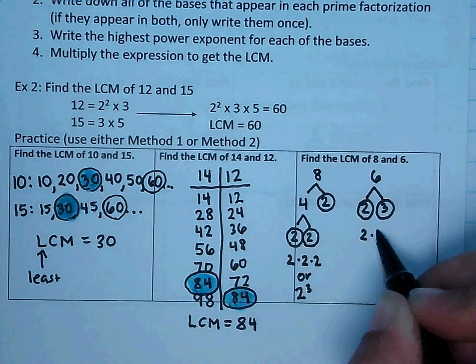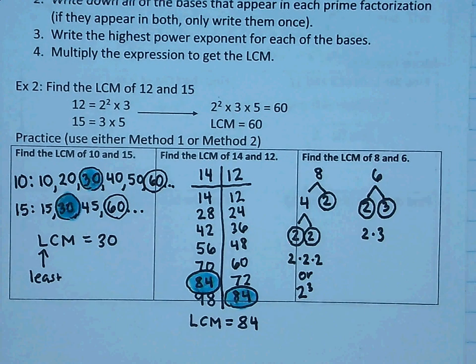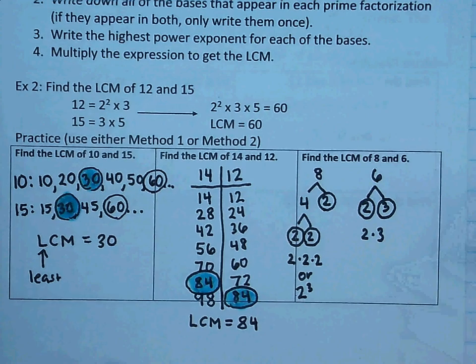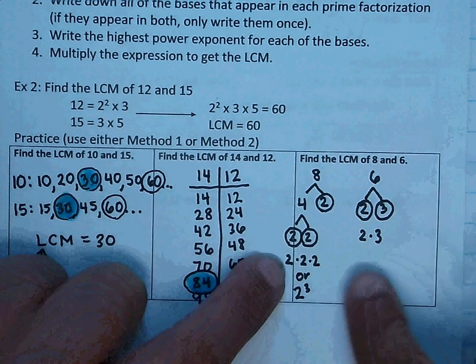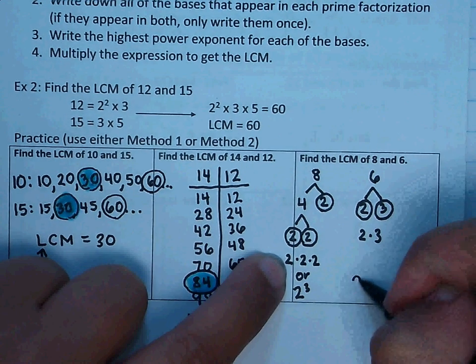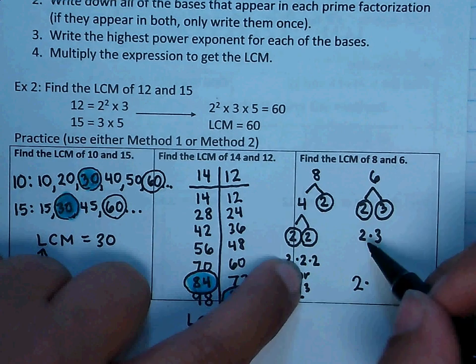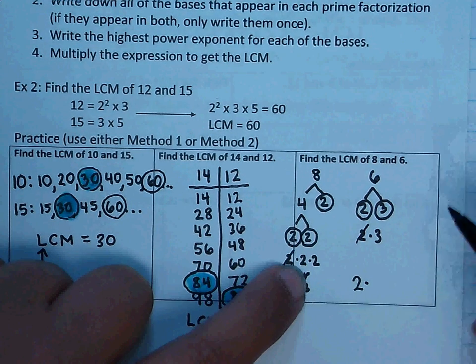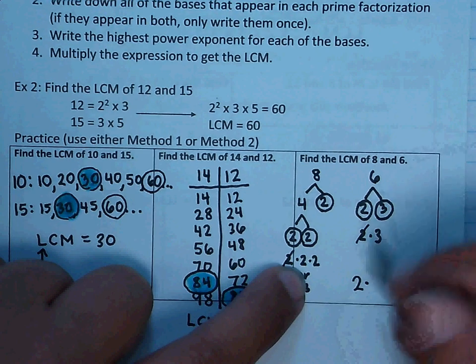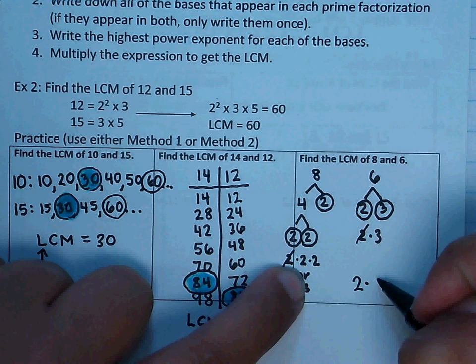So my LCM is going to be all the factors, but if something repeats, we don't write it again. So this 2 and this 2, we're just going to write it once. So we used those. Since this 3 isn't the same as anything else, we're going to write it.